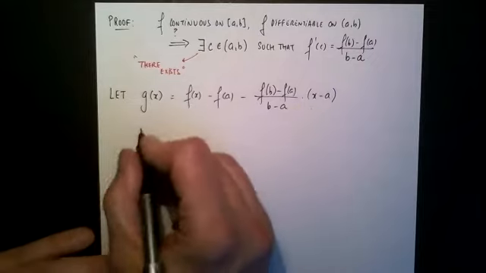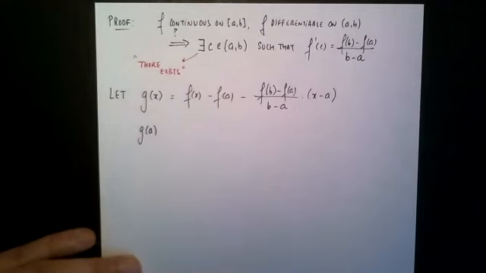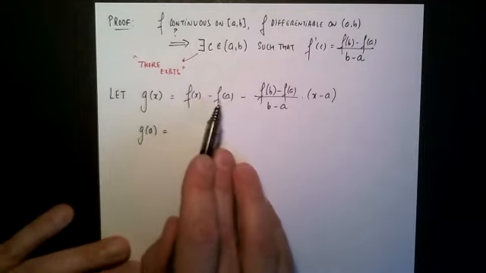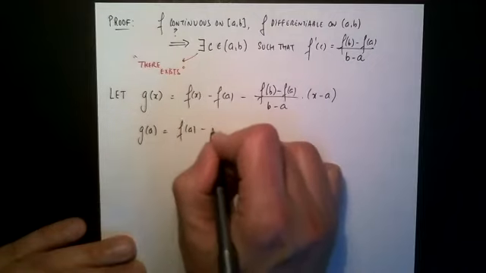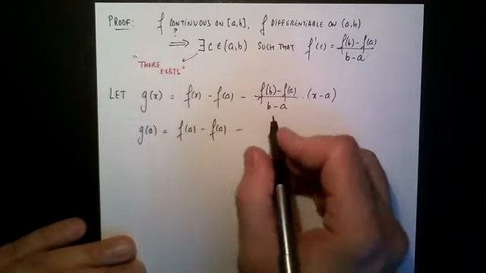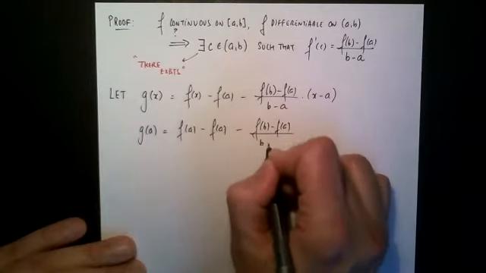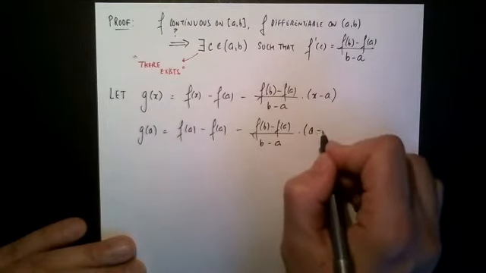So first thing, let's see what g of a is. g of a is equal to f of a minus f of a minus (f of b minus f of a) over (b minus a) times, and this is a minus a.